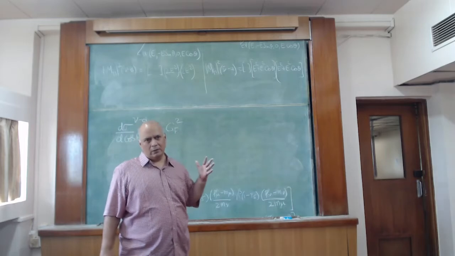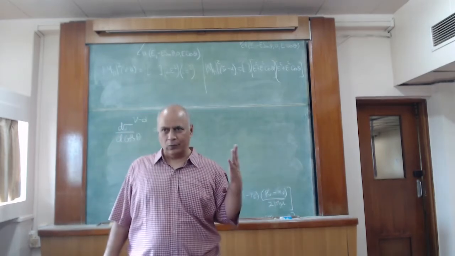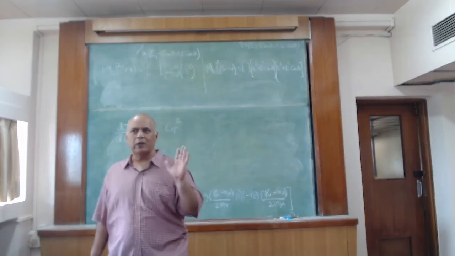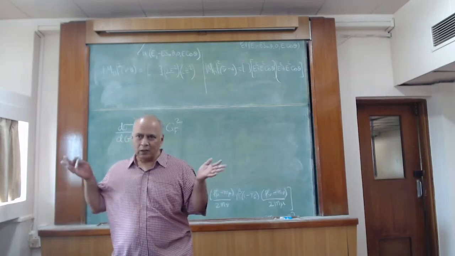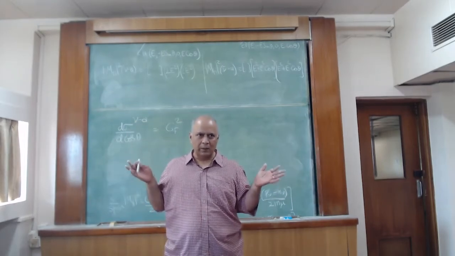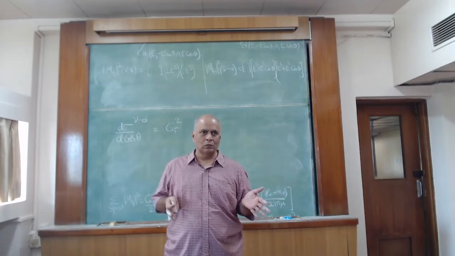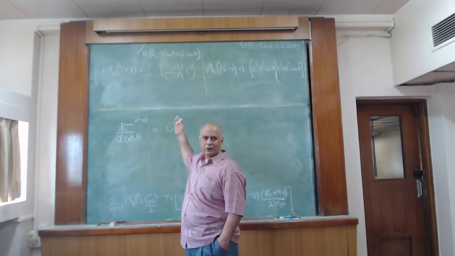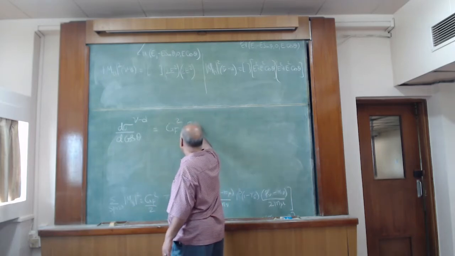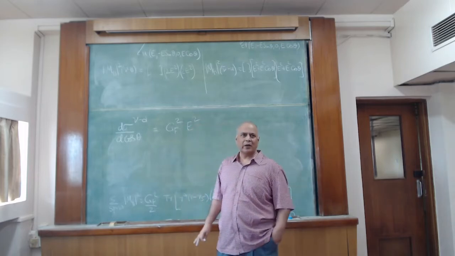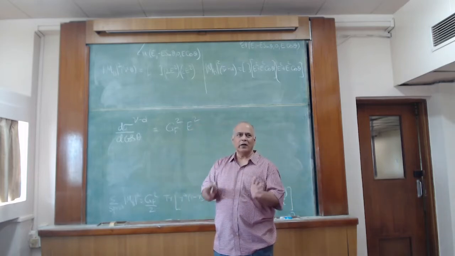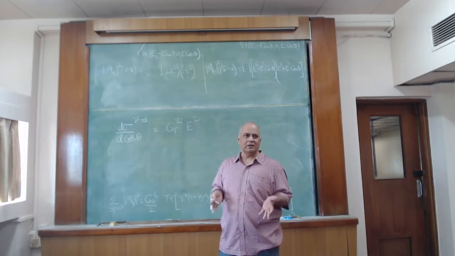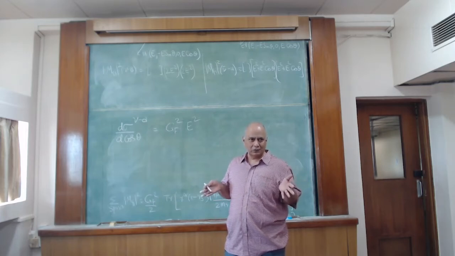G_F square has dimensions energy power minus 4. Cross section has dimensions centimeter square. So in energy units, it has to be E power minus 2. So when I put in all the other factors and do it, I will get this to be E square, because the only quantity in my whole process with dimensions of energy is the energy of the neutrino.